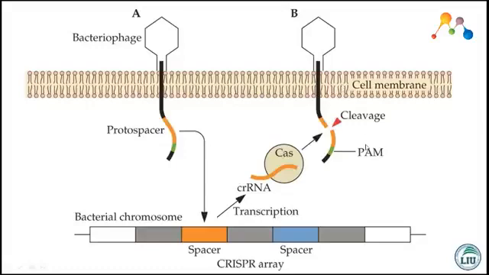Here we have to note an important feature of this system, and the question to ask is: why does this system not affect and cleave the bacterial cell's own DNA? Why is this DNA not altered?